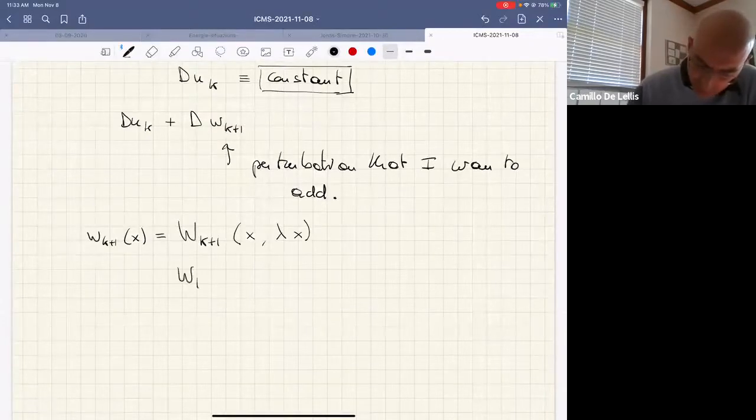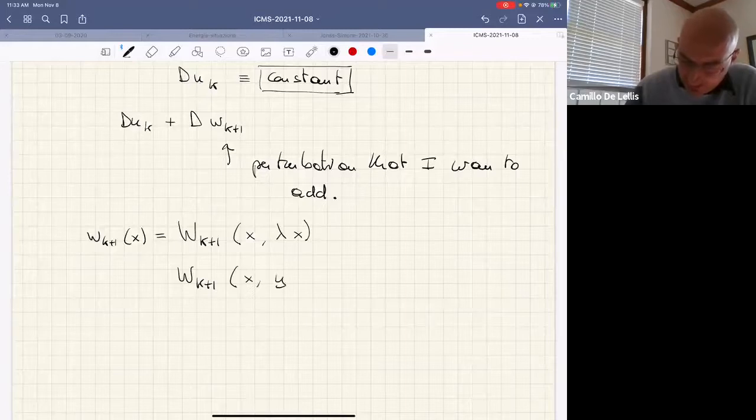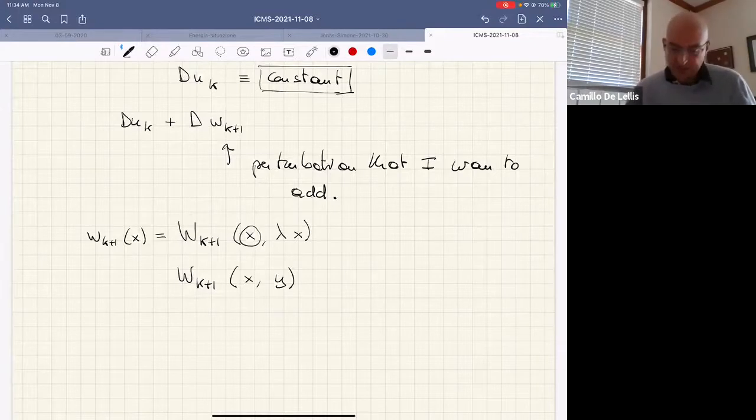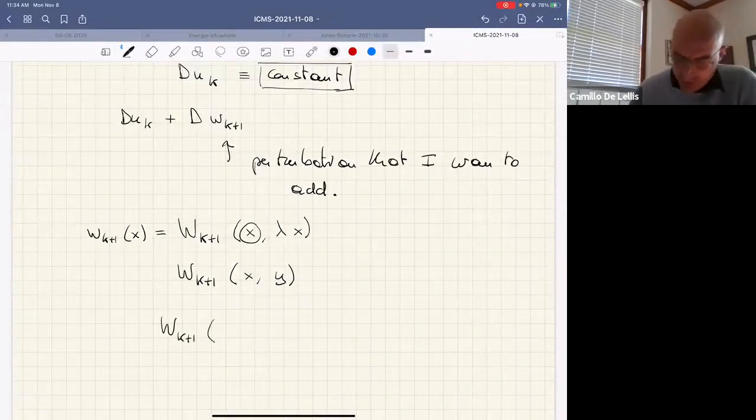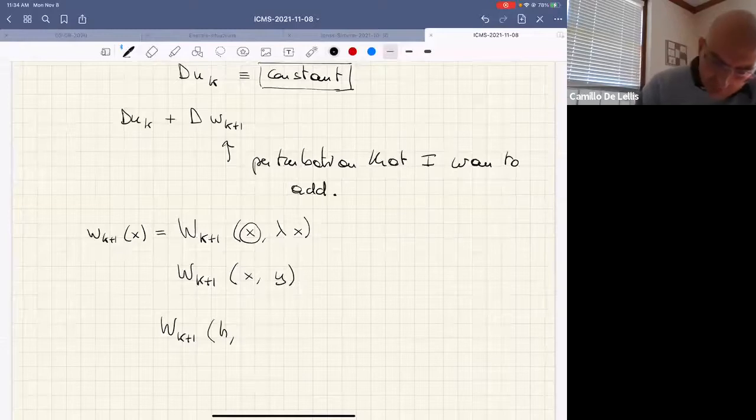So therefore, I'm looking for WK plus 1 of X, Y. But actually, let me highlight that what I really want here is not X, but I want to replace this X with something else. So in fact, I want a function which is depending on the metric error. So this is what we called H. Okay, and it's depending also on this derivative. So this is the DUK. So this I will actually call A.